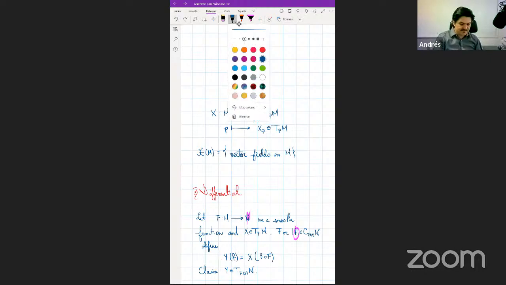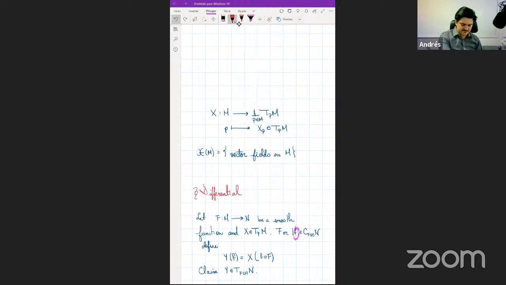Now note that I have M, N, this is f, and then I have small f. So this is the composition that I have here. And I know that X is a derivation because it's in the tangent space, right?